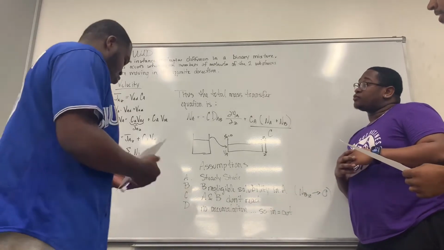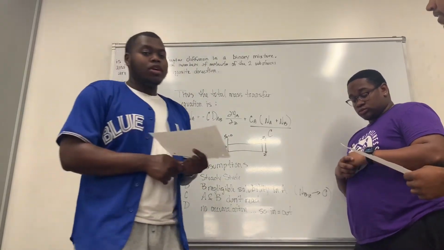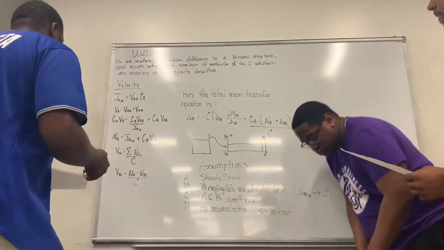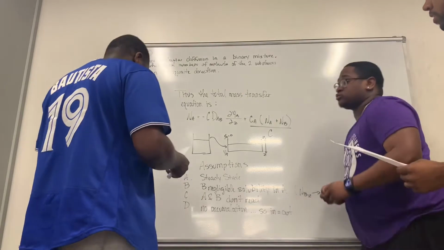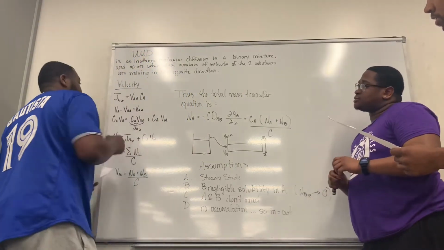Our first step in understanding unimolecular diffusion is to start with the velocity. In our first equation, Jz is our molar flux.